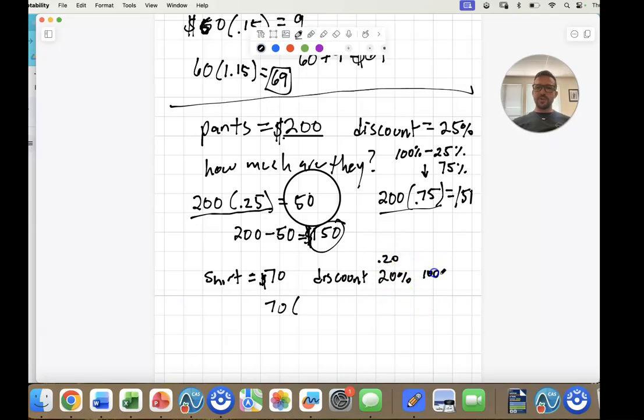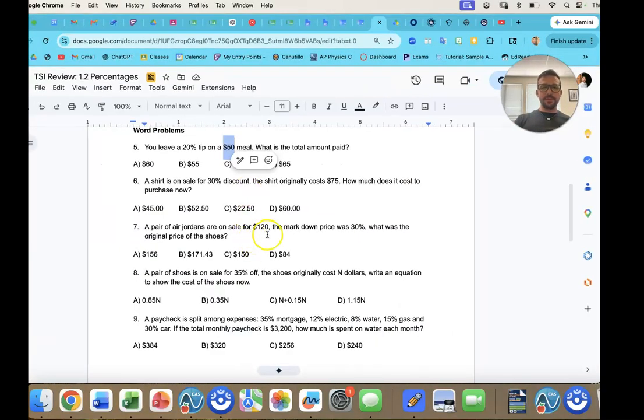You would do 100 minus 20 to figure out how much it's still worth. It's still worth 80% of what it costs. So I do 70 times 0.80, and that comes out to $56. That's how much the shirt is now.